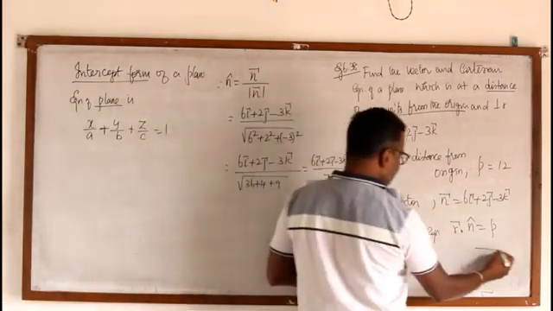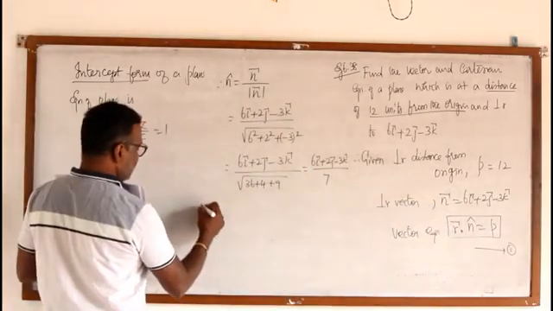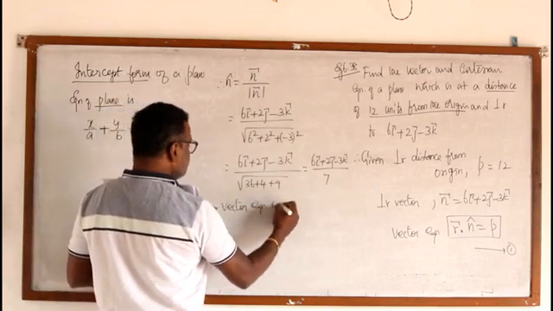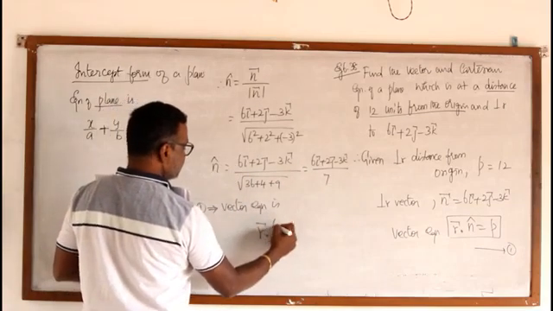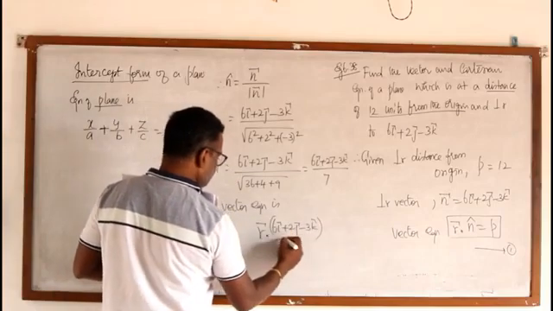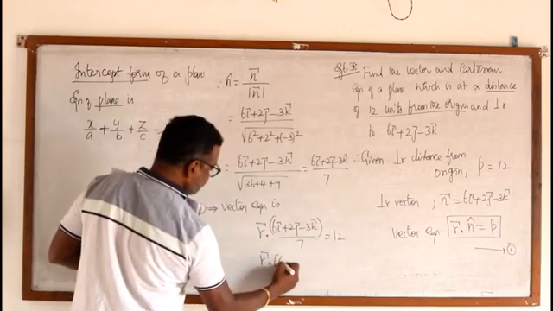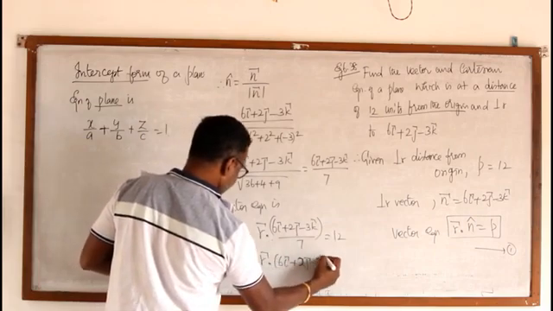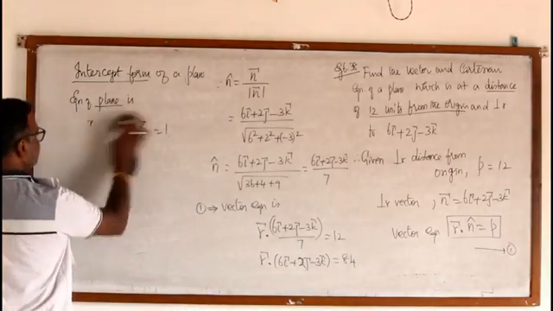Therefore the vector equation is r dot (6i plus 2j minus 3k) by 7 equal to 12. That is, shall I write this as r dot (6i plus 2j minus 3k) equal to 12 sevens are 84. This is the vector equation.